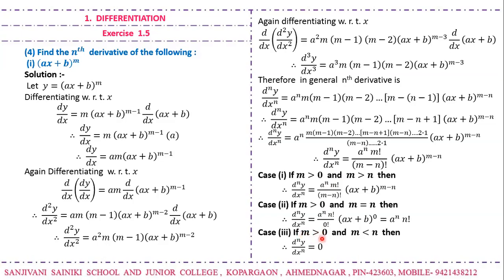If m is greater than 0 and m is less than n, then d^n y by dx^n is 0, because it is a polynomial of degree m, and we are differentiating it more than that degree. So its derivative is 0.